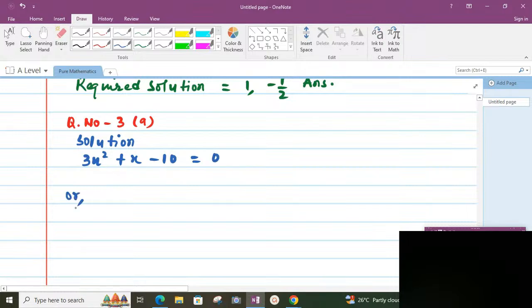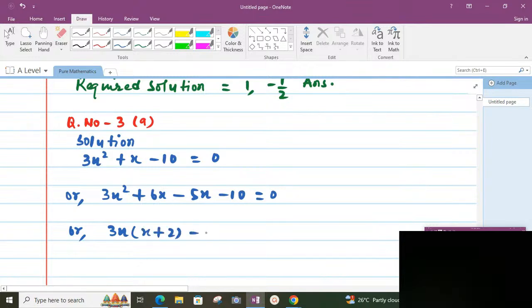So here next step will be multiplication will be minus 30, and addition and subtraction will be x. So here will be 3x square plus 6x minus 5x and minus 10 equal to 0. Here next step will be we take 3x as the common, then we get here x plus 2, and we take 5 common, then we get here x plus 2 equal to 0.